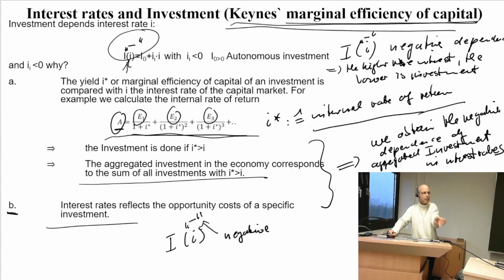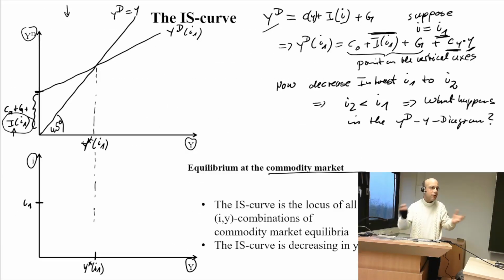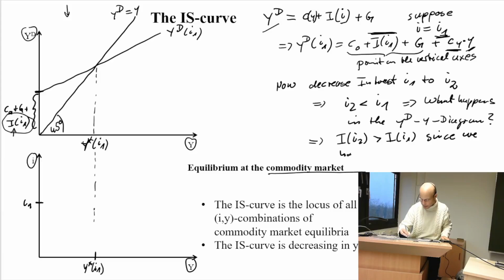But we definitely know from our assumption, if interest rates are falling, decreasing, then investment has to rise. So I of I2 is larger than I of I1, since we have a negative dependence of investment on interest rates.